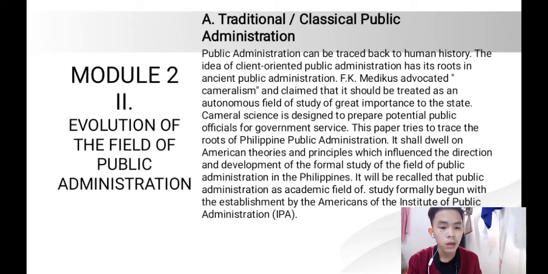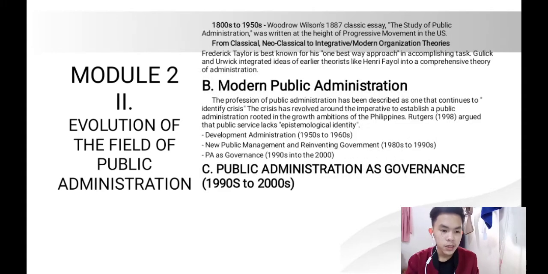It will be recalled that public administration as an academic field of study formally began with the establishment by Americans of the institution of public administration. Okay, so in the 1900s to 1950s, Woodrow Wilson's 1887 classic essay, The Study of Public Administration, was written at the height of the progressive movement in the United States.